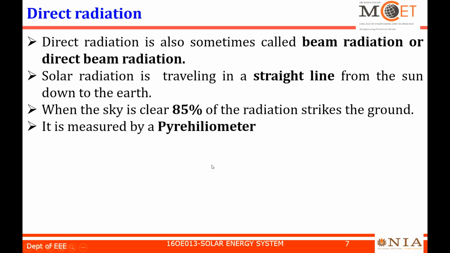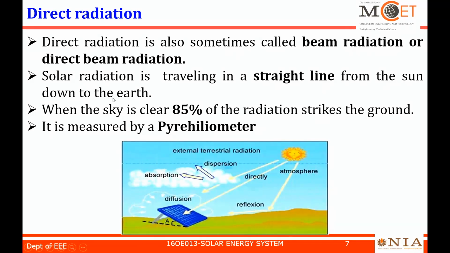Direct radiation is also called beam radiation or direct beam radiation. Solar radiation travels in a straight line from the sun to the earth or the solar panel. When the sky is clear, 85% of the solar radiation strikes the ground.